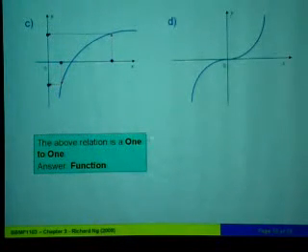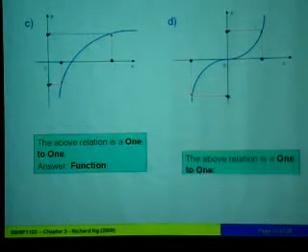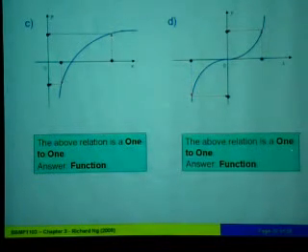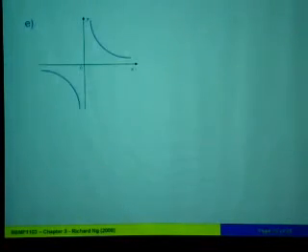Next, for this curve, we do the same thing, one input, one output. We have one input from the x-axis producing one output. So this is also a relation of 1 to 1. So for 1 to 1, it is known as a function.